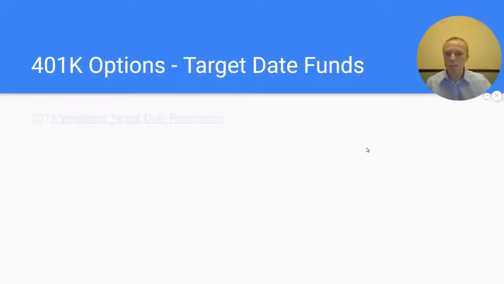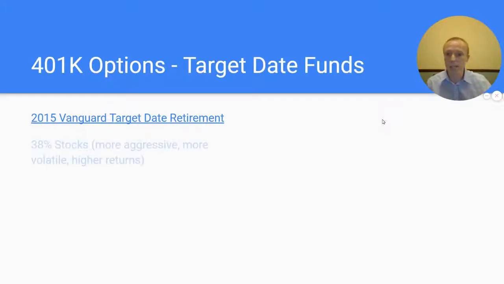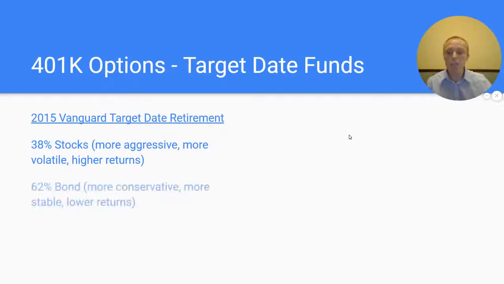So let's run through an example here. Let's say there's a 2015 target date retirement fund. Someone who wanted to retire in 2015, a few years ago, would have 38% of their investments in stocks, which are more aggressive and more volatile, but have higher returns.